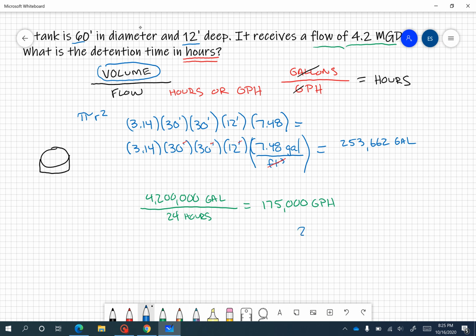So let's go ahead and do that. 253,662 gallons divided by 175,000 gallons per hour.